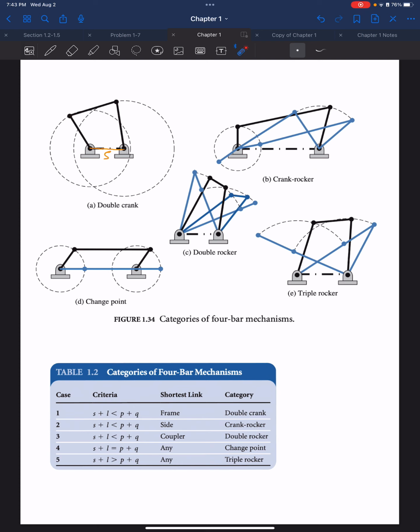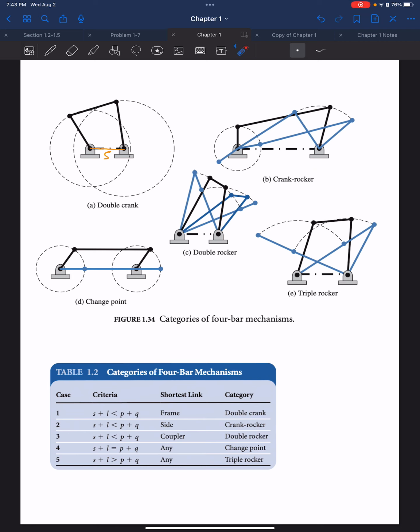We look at the crank rocker, right? We have this point over here making a complete circle, while this point will only rock as this point makes its complete circle. Double rocker, same kind of ordeal. Both points will simply rock back and forth in conjunction with one another.